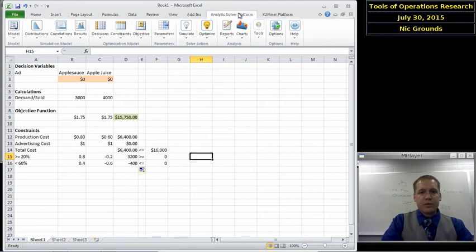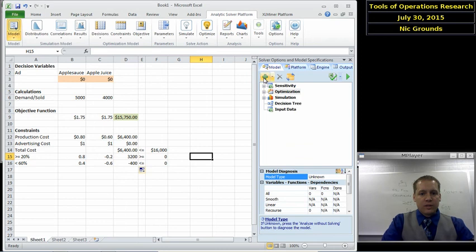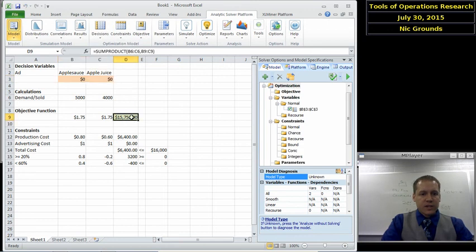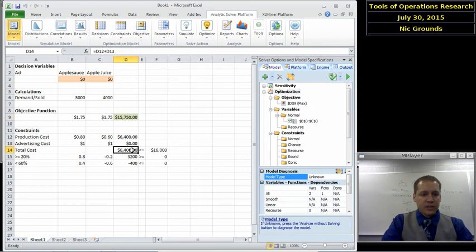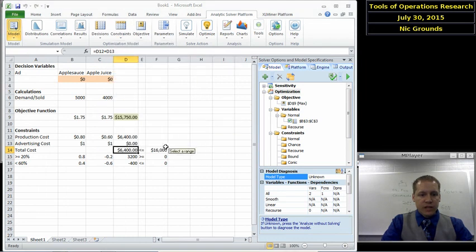So the last thing we would do is tell Analytic Solver Platform the decision variables are in cells, in this case B3 and C3. The objective function that we want maximized is in cell D9. The value in D14 is constrained to be less than or equal to the value in F14.